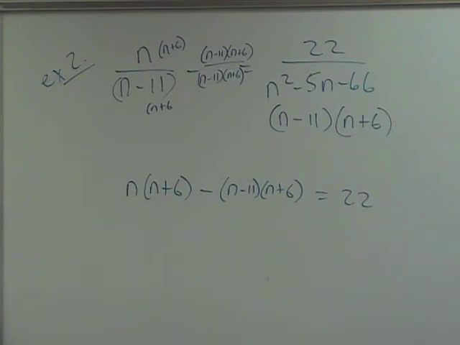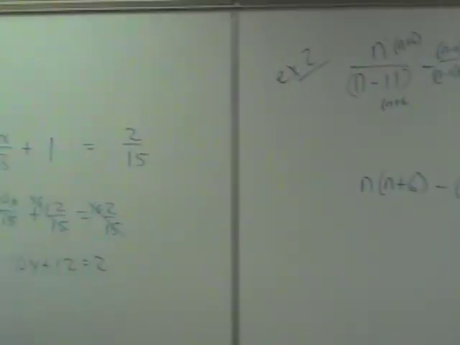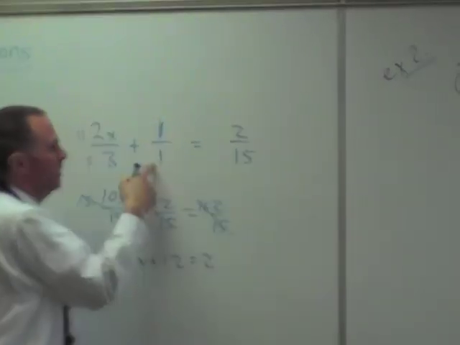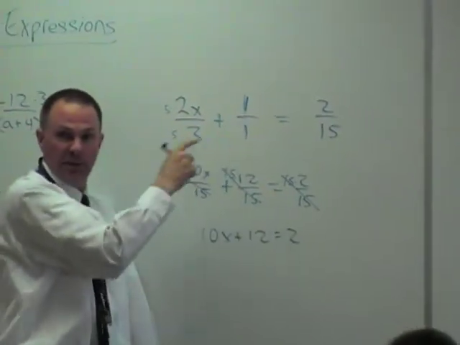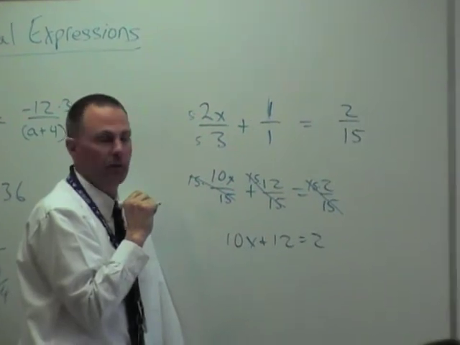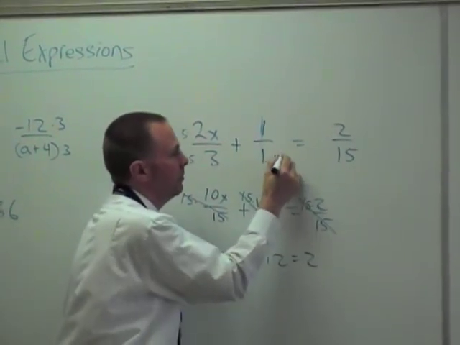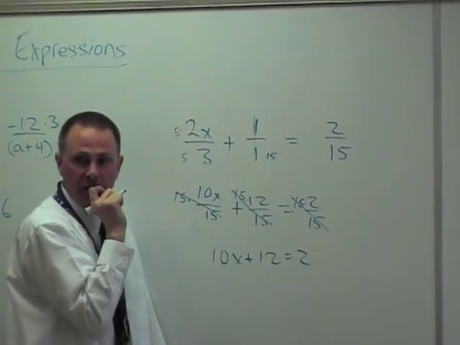On the 1, why do you have n minus 11 and plus 6? Okay, so let me ask you this: if this said n plus 1 here, what does my denominator have to be for it to be the same as everything else? So what would I multiply the denominator by? 15. Okay, but I have to multiply the top by 15 too, right?